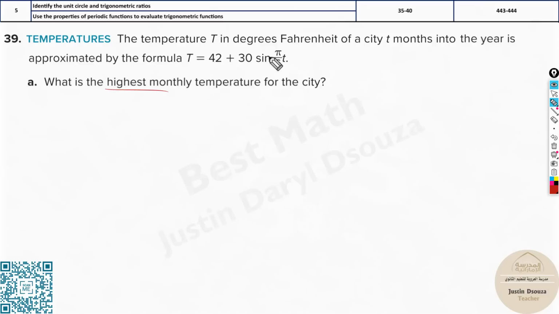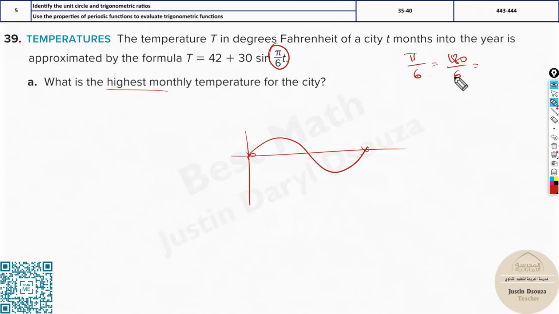But before that, here you can see there is pi by 6. So the period wouldn't be just 2 pi anymore. This changes. How does it change? I will convert this to degrees because it's much easier for me to analyze in degrees. 180 by 6, that is 30 degrees over here.